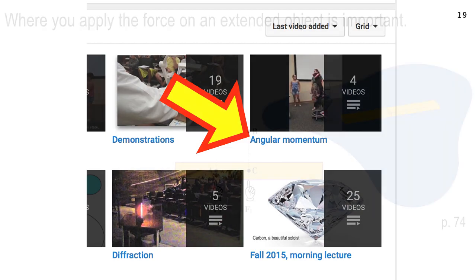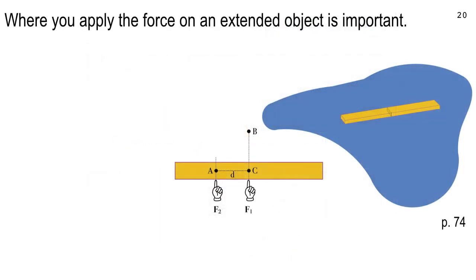Now, as I mentioned, where you apply the force on an extended object is important. Here's another diagram from the textbook, F1 and F2. F1 is applied at the center of mass, so you're pushing right through the center of mass.